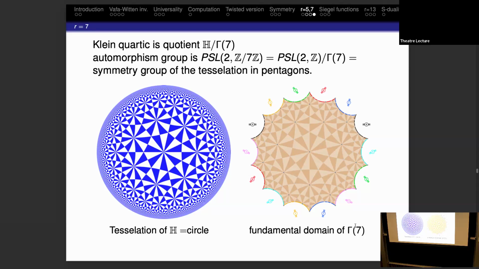In this case, we have this tessellation by pentagons, and in terms of this pentagon, you can take the fundamental domain for gamma 0 of 7, and if we identify the edges with the same color or the same number, if you have very good eyes, then you actually get the corresponding curve.